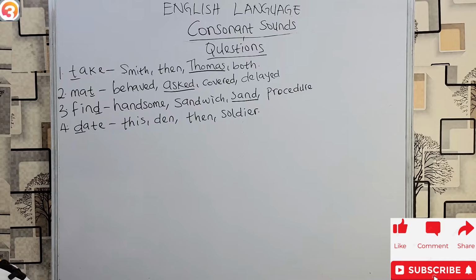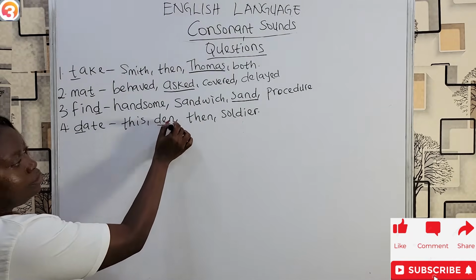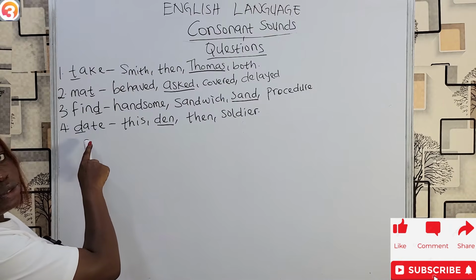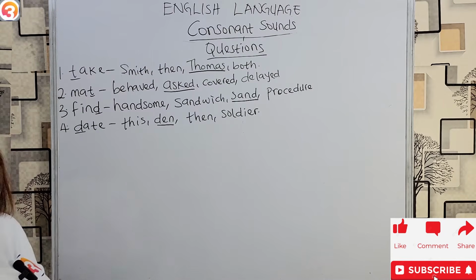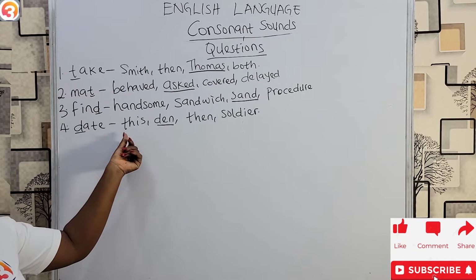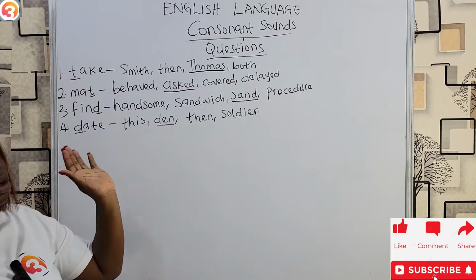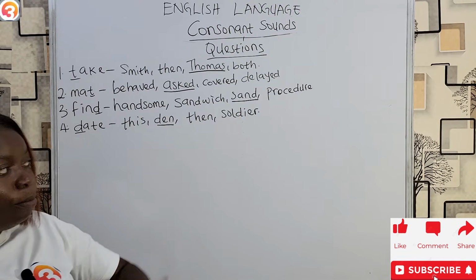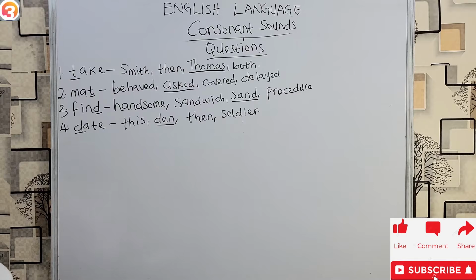In these options, our answer becomes then. TH doesn't usually contain consonant D, even though layman pronunciation says this is this, then. It is not actually consonant D that is here, but another consonant entirely. Same thing for soldier. It is not consonant D, but another consonant.